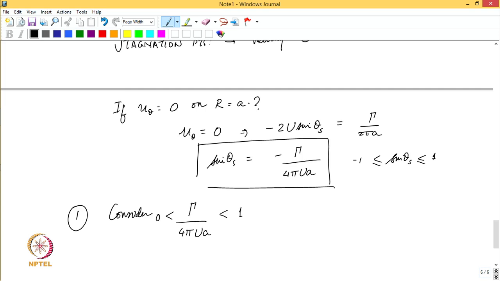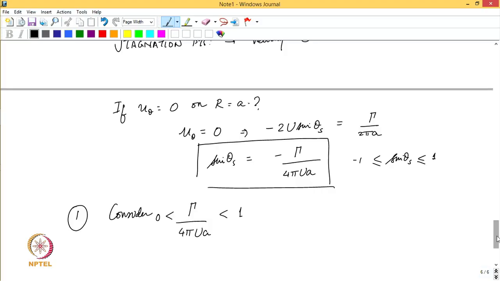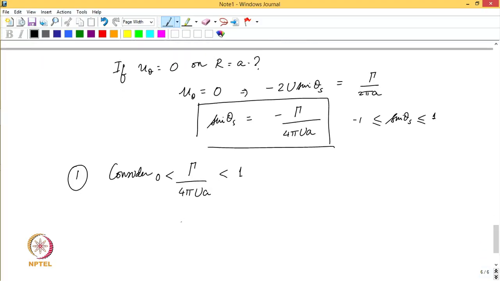So, if gamma is, let us say, a small value as compared to 4 pi u a, okay, what do we get? In this case, sin theta s would be between minus 1 and 0. Sin theta s would definitely be negative, it will be more than minus 1. So, for such a case where we are trying to calculate sin theta s to be minus gamma by 4 pi u a, it should be clear that this right side is less than 0, but more than minus 1.